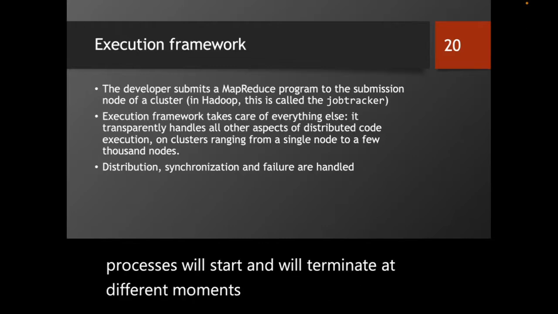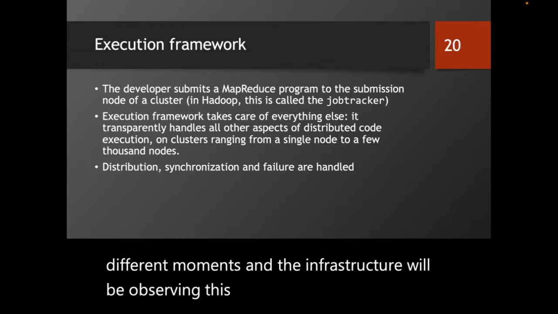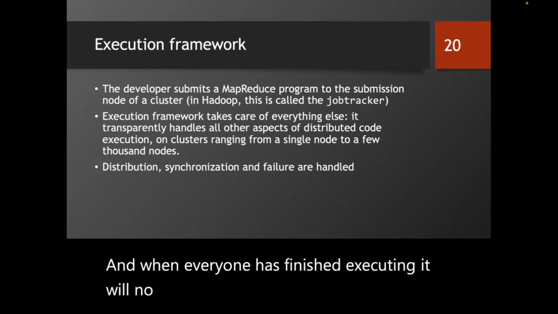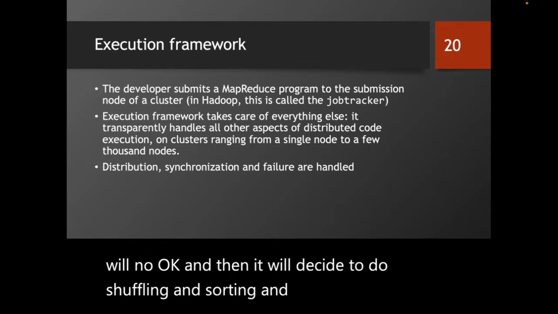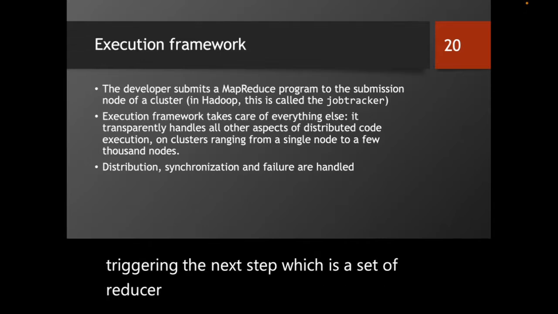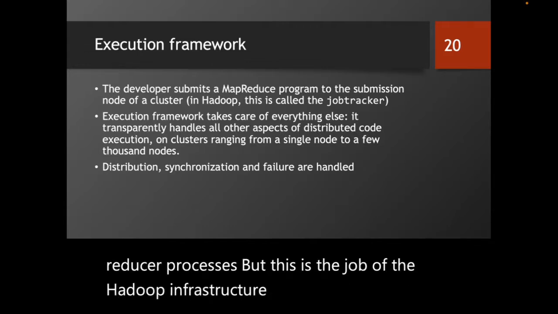The infrastructure will be observing these executions, and when everyone has finished executing, it will know. Then it will decide to do shuffling and sorting, and then trigger the next step, which is a set of reducer processes. But this is the job of the Hadoop infrastructure when we are using Hadoop.